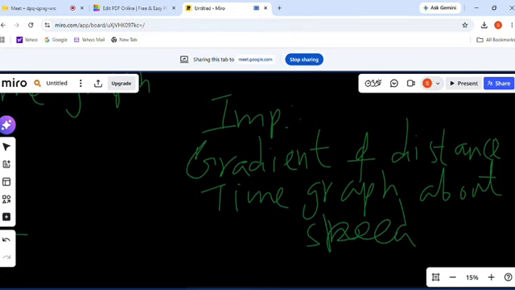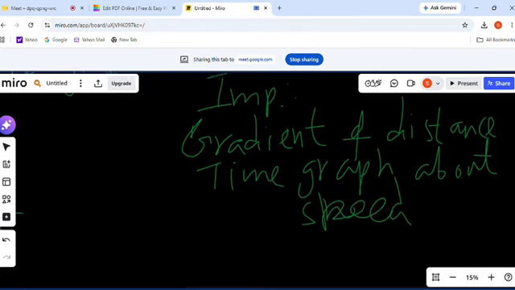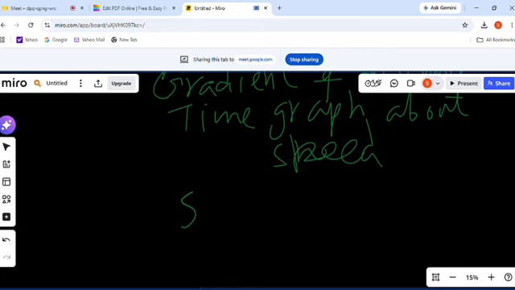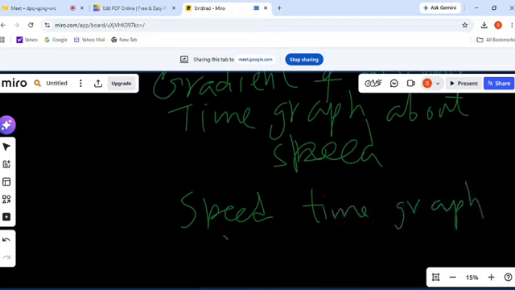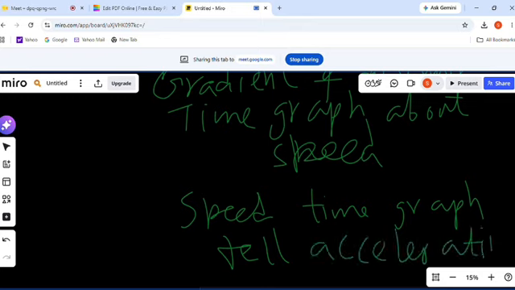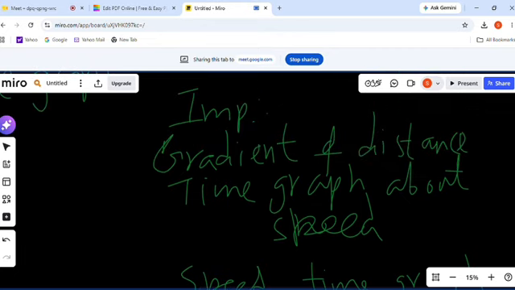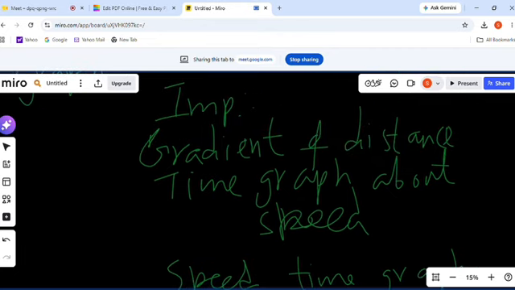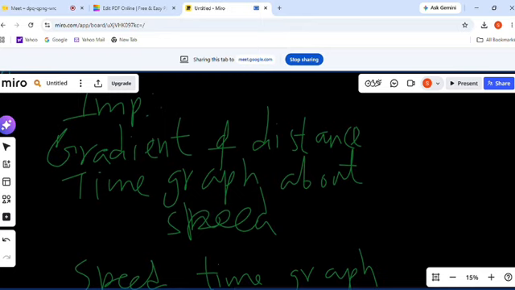In a speed time graph, the gradient tells acceleration, which we will discuss later. First of all, you should focus on this: the gradient of a distance time graph tells us about speed.